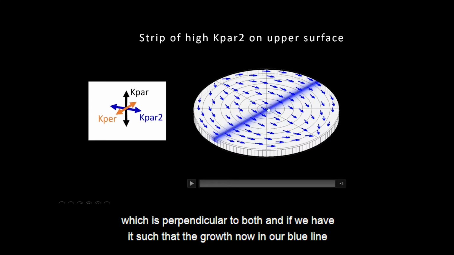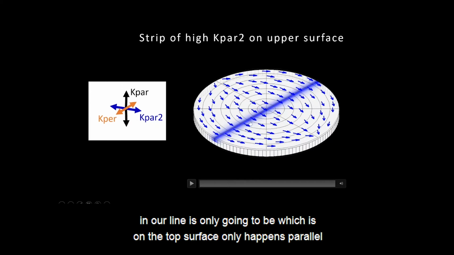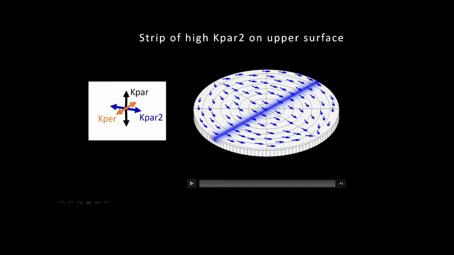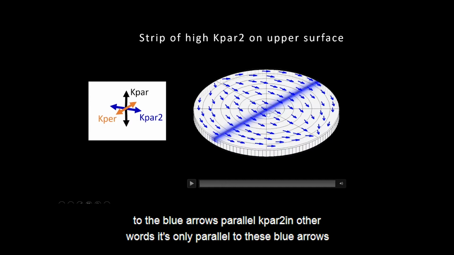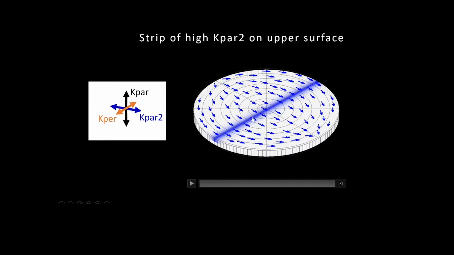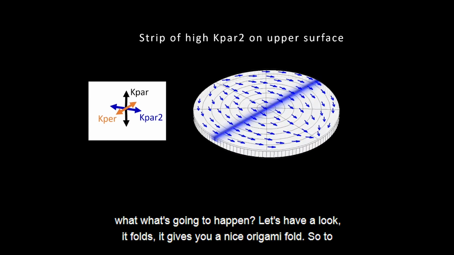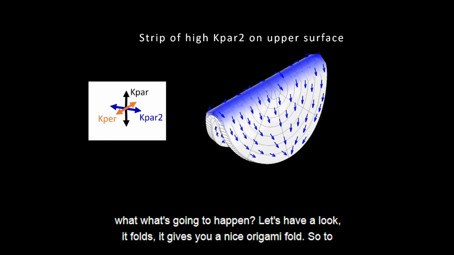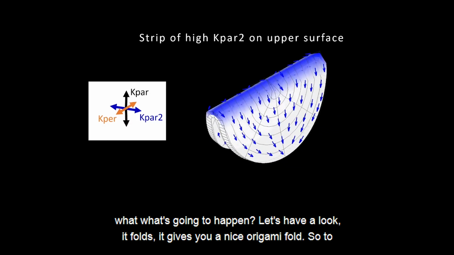And if we have it such that the growth now in our blue line, which is on the top surface, only happens parallel to the blue arrows, parallel Kper2, in other words, it's only parallel to these blue arrows, what's going to happen? Let's have a look. It folds, it gives you a nice origami fold.